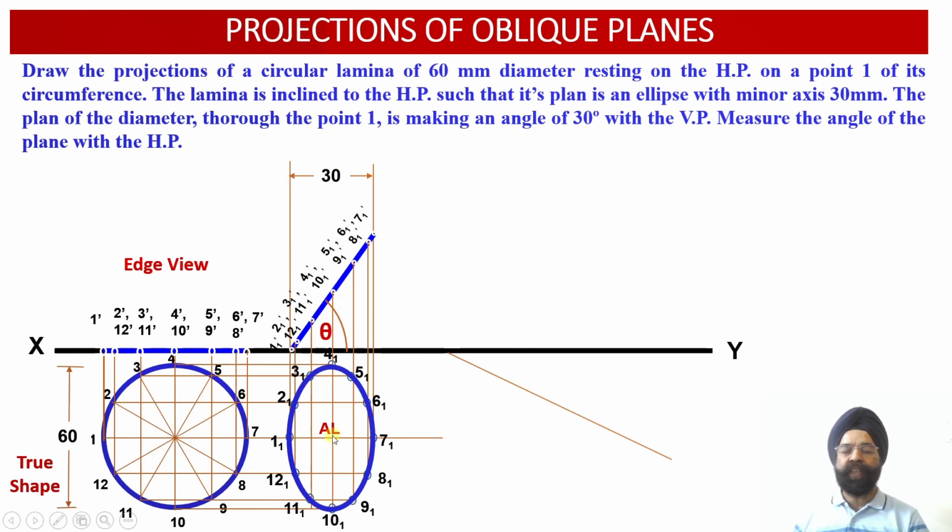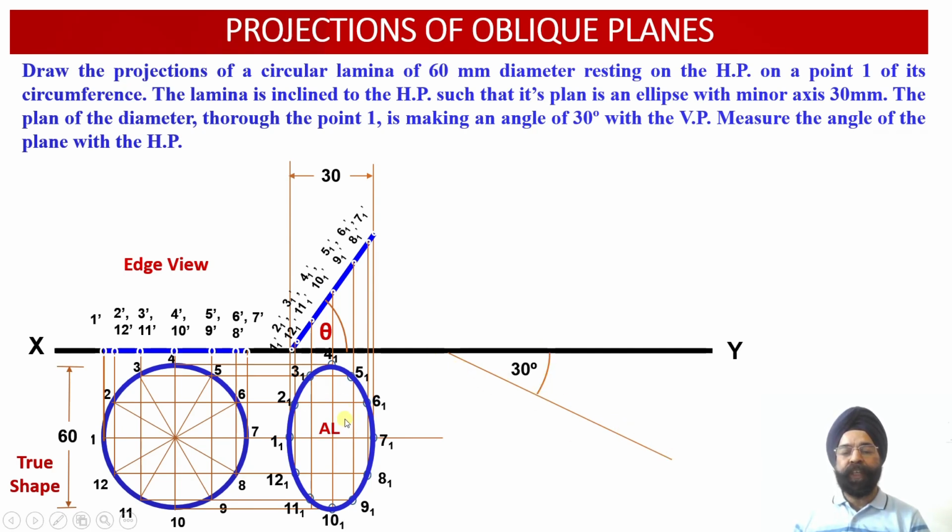So please check, this we will call as 1-7, the plan of the diagonal. This is making an angle of 30 degrees with the vertical plane. Now we have to reorient and redraw, or rotate, this ellipse in such a way that, at an angle of 30 degrees, we have marked an orientation line inclined at 30 degrees with respect to the vertical plane.